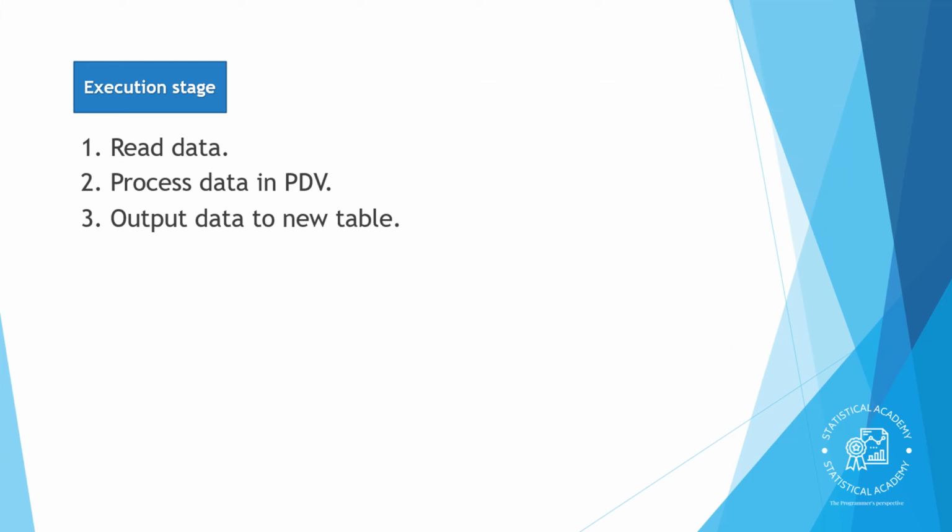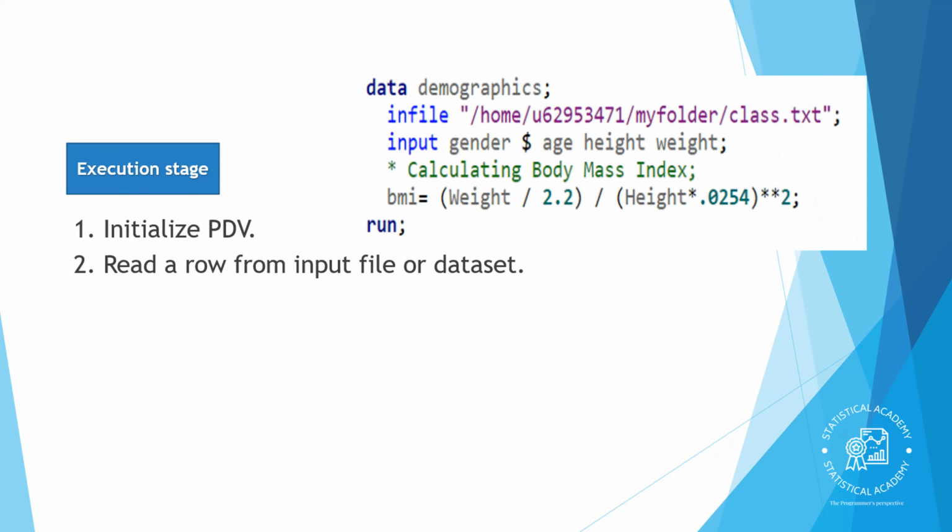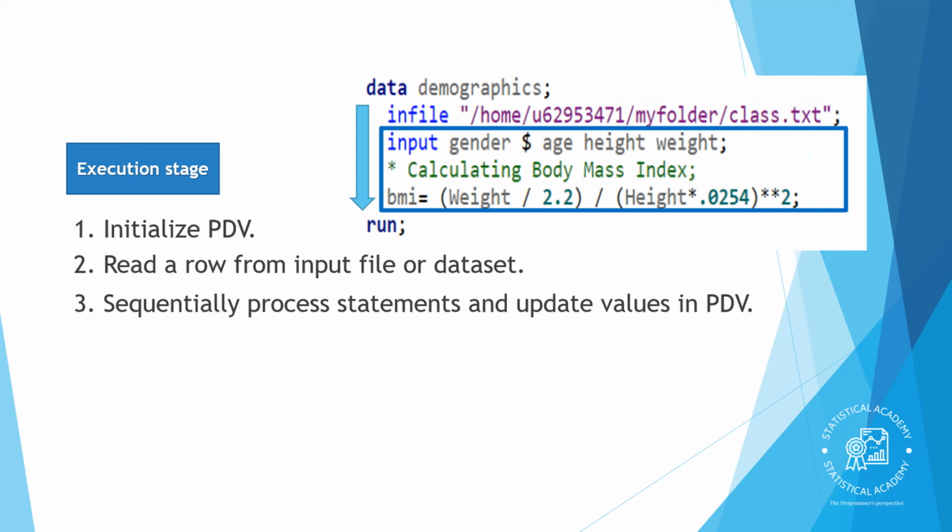In this phase, SAS reads and processes data in the PDV and outputs data into a new dataset. Data step execution acts like an automatic loop. The first time through the data step, the infile statement reads the file, then processes any other statements in sequence, manipulating the values in the PDV.